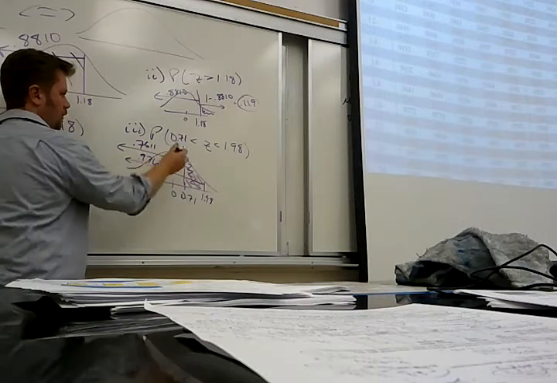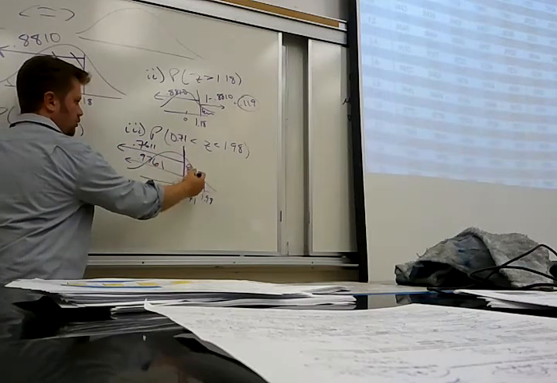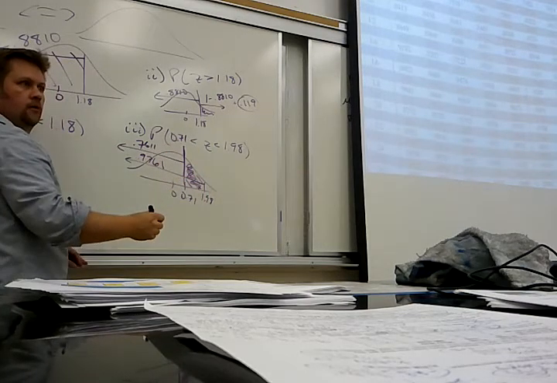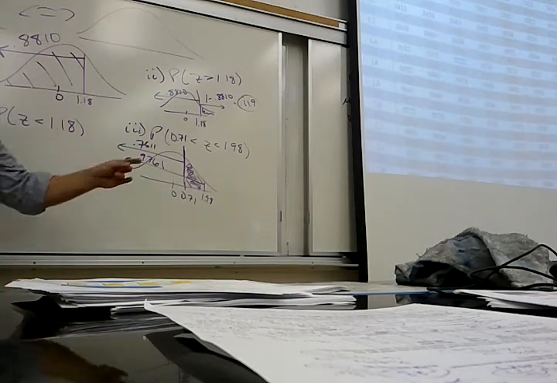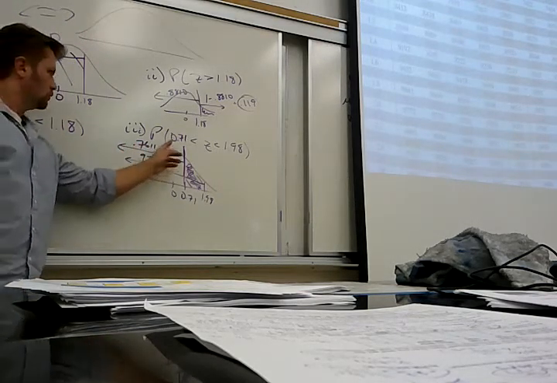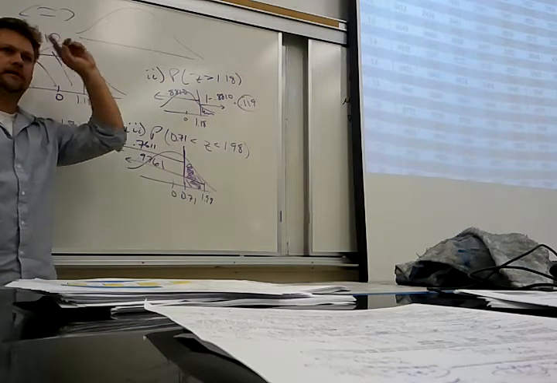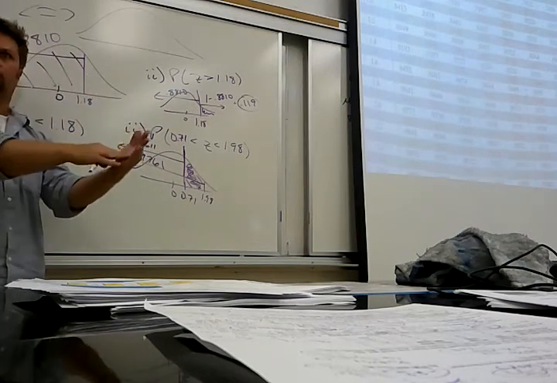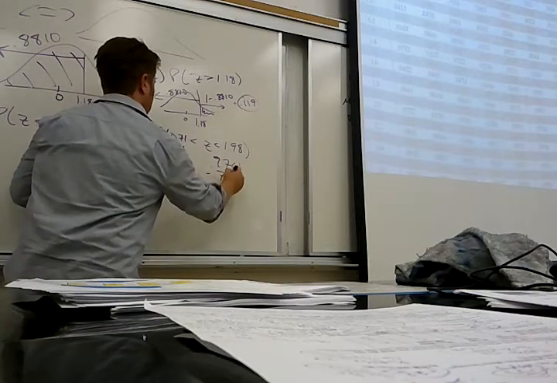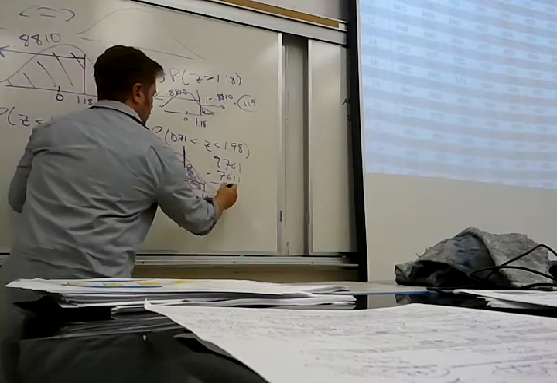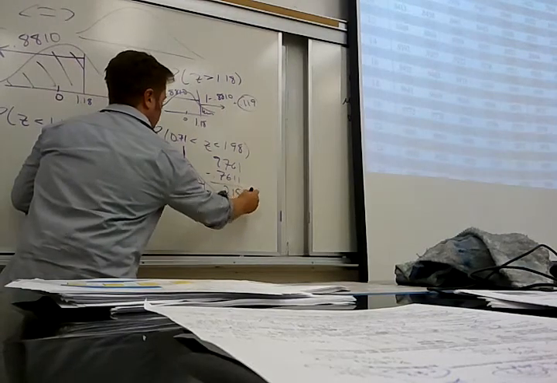This goes too far. If I chop this much off, it'll just be this much. So that's why I subtract. Right? So if I want the area between two things, I just subtract the areas. Don't subtract Z-scores. Like I said last time, that would just move you somewhere else. So I take 0.9761 minus 0.7611. I think that's easy. 0.215.